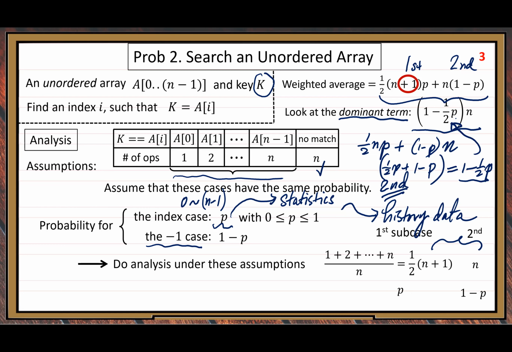This number we treat as the dominant term, because the big parenthesis needs to be multiplied by that variable n. So that's the most important term in our answer expression.